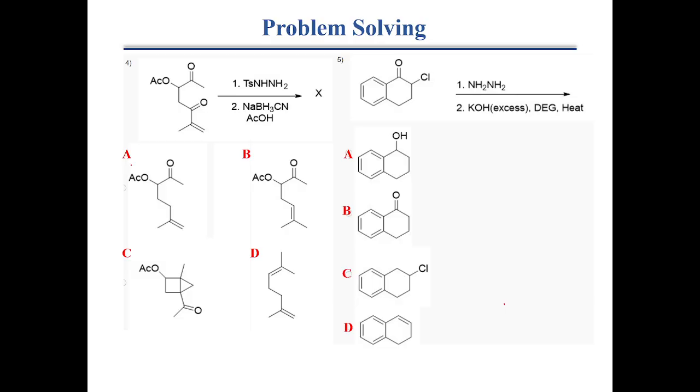this. So what happened in this case? There are two types of carbonyl. One is a ketone, and this is an allylic ketone. Between the ketone and this allylic ketone, the allylic one is more electrophilic, as it can resonate, and due to this resonating structure it will be stabilized.